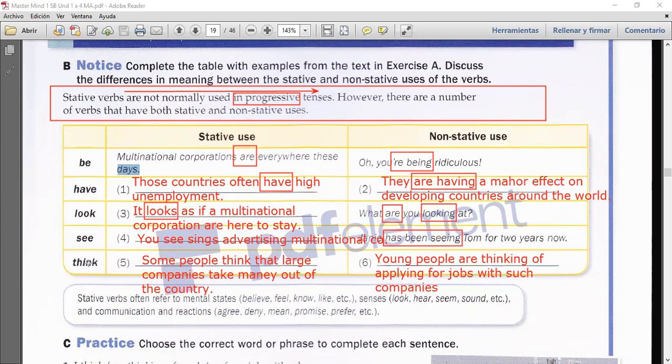I don't know. Think. Some people think that large companies take money out of the country. Opinion. Young people are thinking.